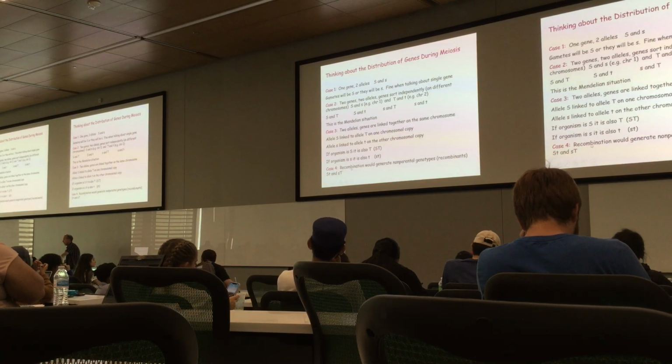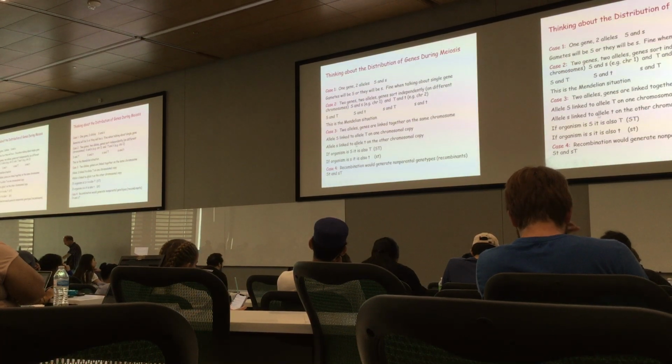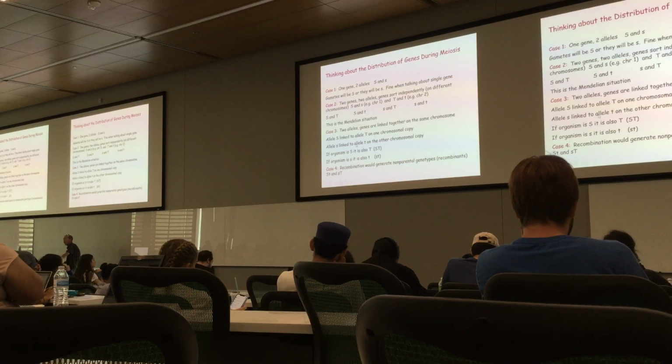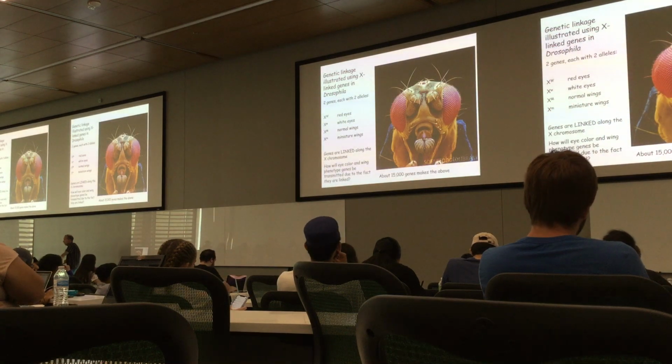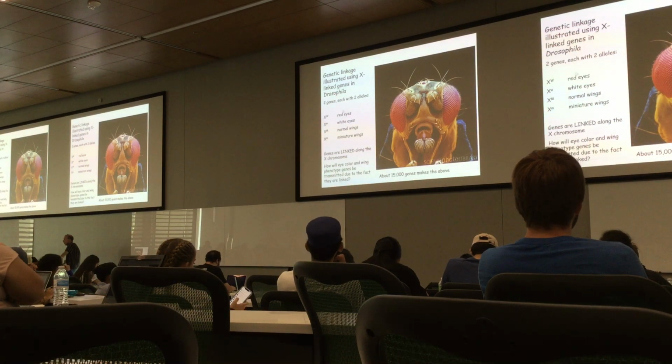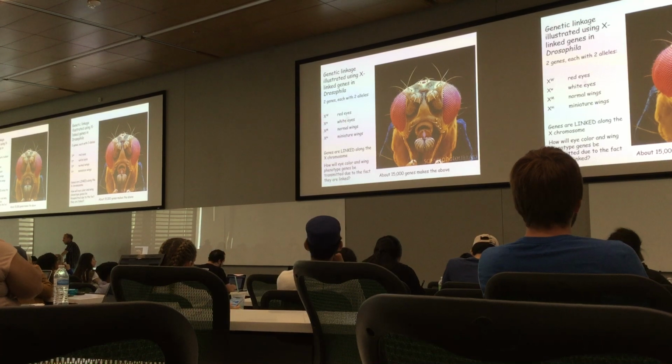Case four, we will have recombination, which separates the S and T genes once in a while at some frequency, and that frequency is important. We can use that to map genes along DNA and so forth. The initial example we'll look at involves a couple of genes on the X chromosome in Drosophila. We already know about this red eye, white eye system. Big W causes dye production and you get red eyes. Small w doesn't cause dye production, so you get white eyes.